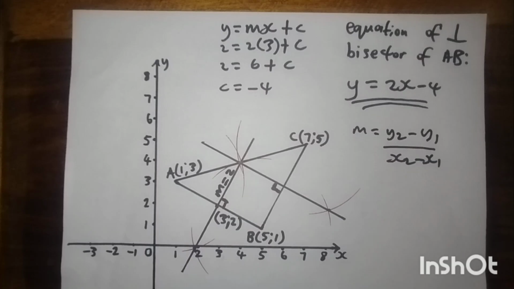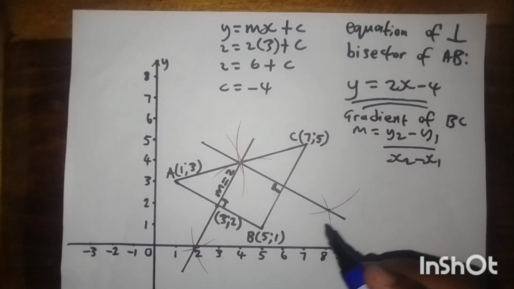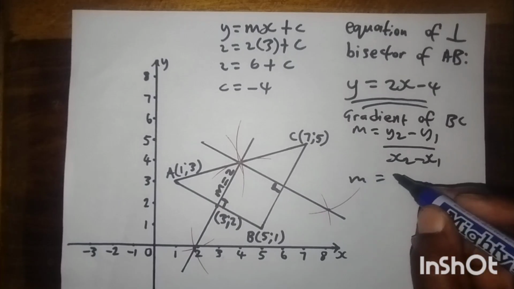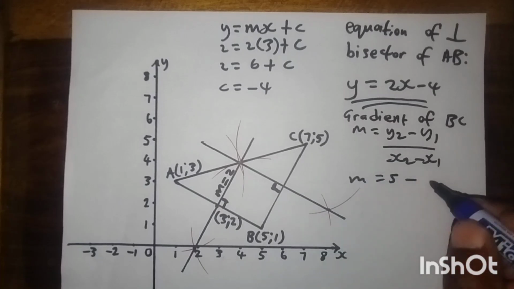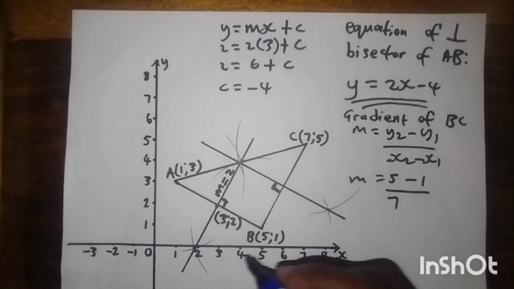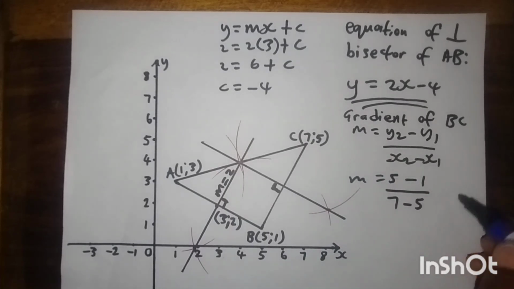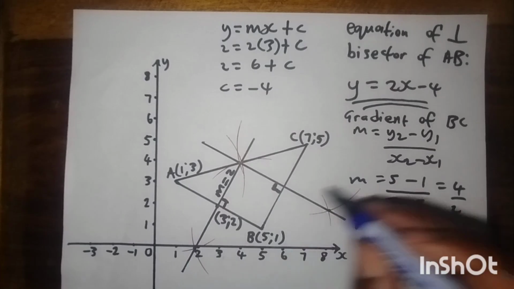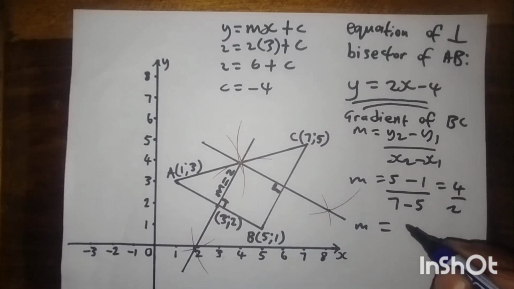Okay, so my y2 here is 5, and my y1 is 1. 5 minus 1 over my x2 is 7, and my x1 is 5. So finally, the gradient of the line BC equals 5 minus 1, that's 4, over 7 minus 5, that's 2. So the gradient of the line BC equals 2.